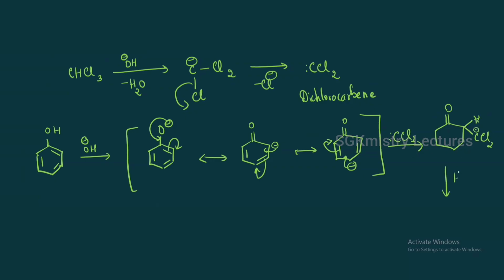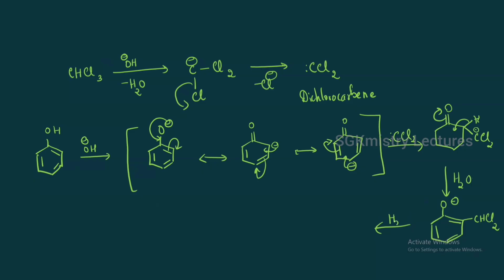In the presence of water, this moves here, this moves here. So here the H will be attached to the CCl2. Okay, so here you get O minus. Here the bond comes in. Now this will be CHCl2.